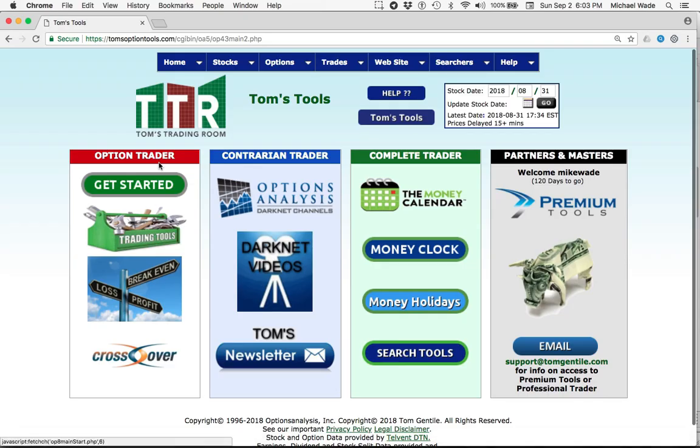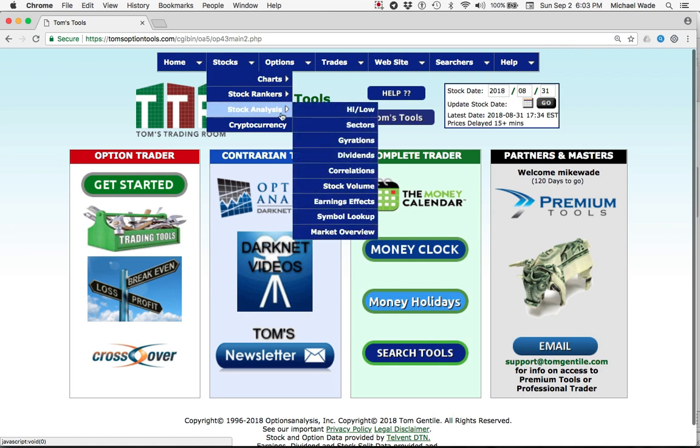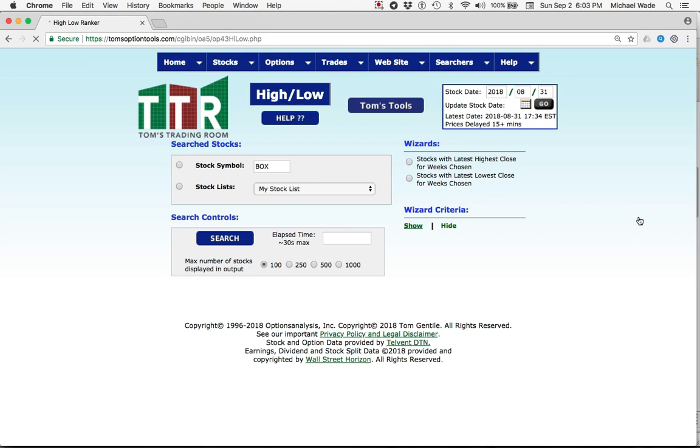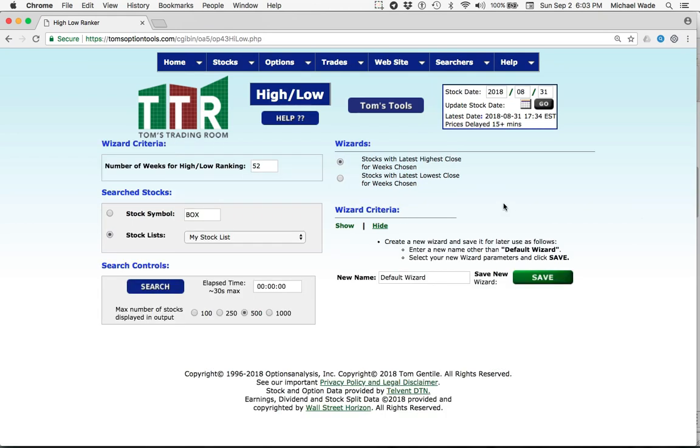And this is the main website for Tom's Option Tools. I'm going to go to Stocks, Stock Analysis, and then I'm going to click High-Low. All right, this is a very, very simple scan. And basically it does two things. It looks for stocks with the highest close for the number of weeks chosen, which is right over here. This is 52 weeks, obviously 1 year.